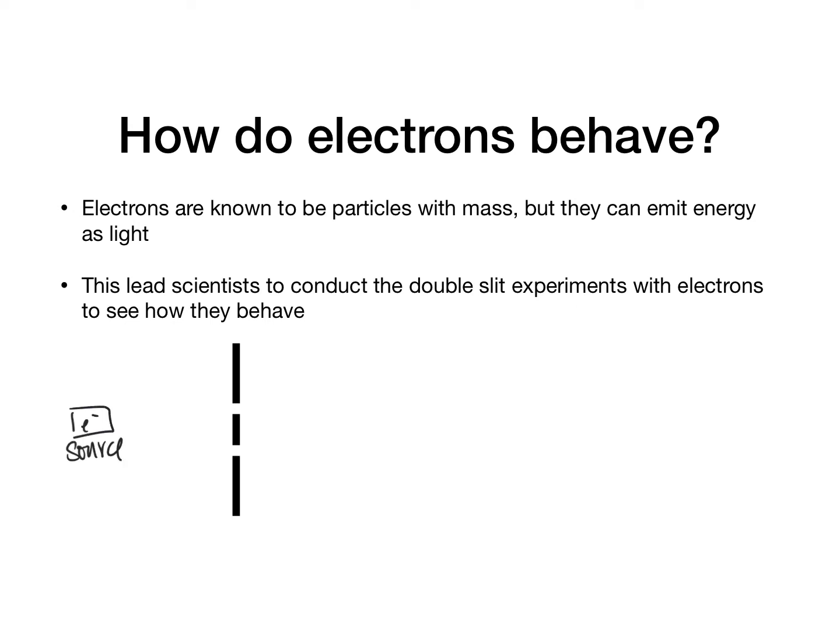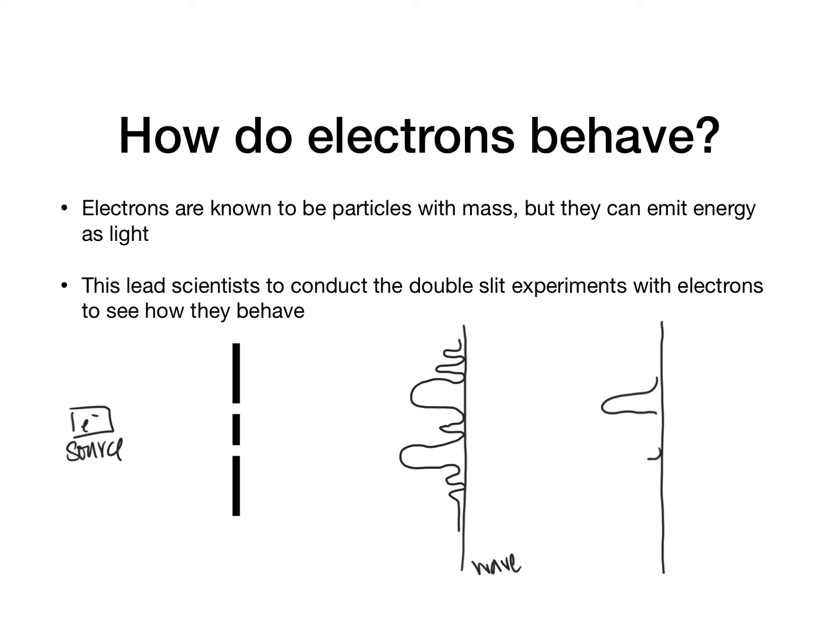We are going to get this to come forward, and we are going to allow the electrons to irradiate this. And so what we're going to see is something that looks like this. This is wave behavior, because if it was a particle, we would have expected something that looked like this.